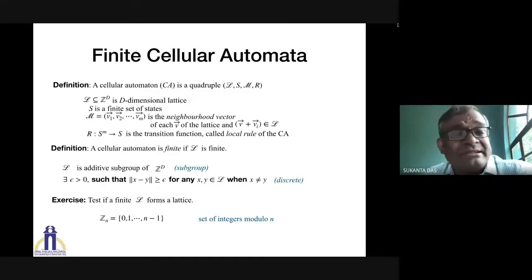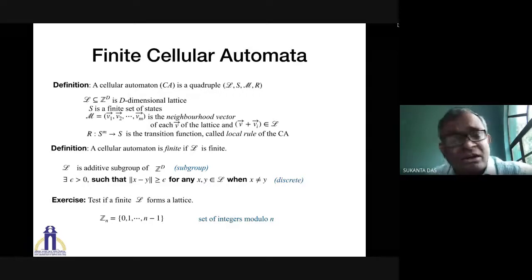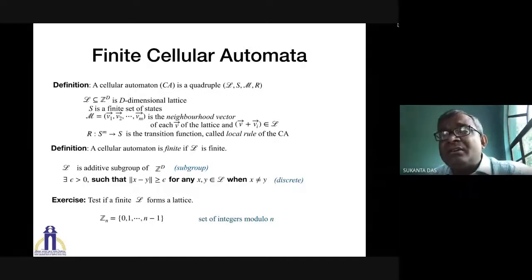If you add two elements, the result should be another element of that set. That is the meaning of closure. Here, if I apply the modulo n operation, you take any two elements x and y, do the addition, and then do modulo n, and you will see that after addition, the element will be in Zn, so it is closed.